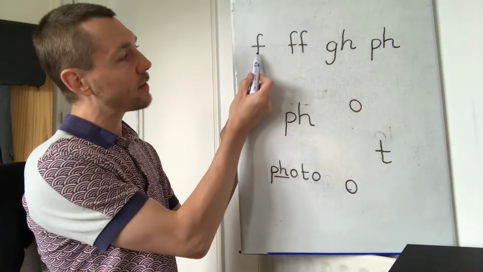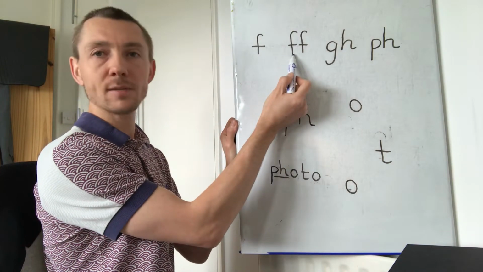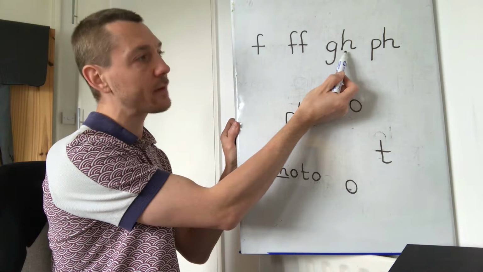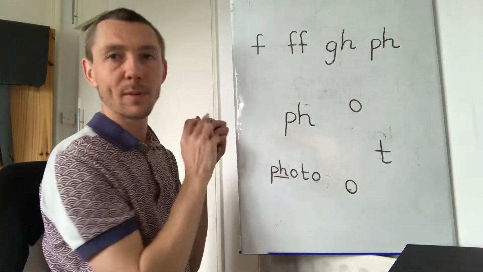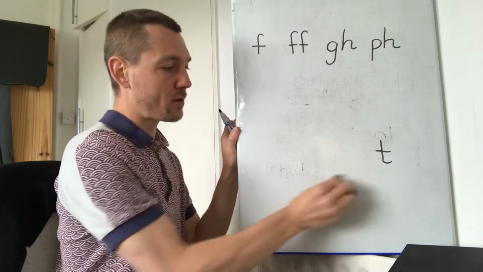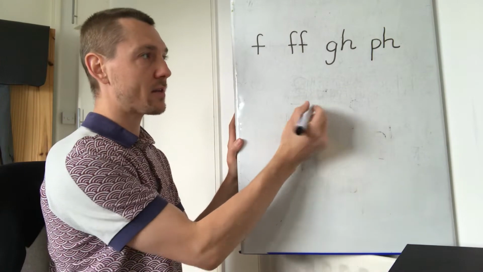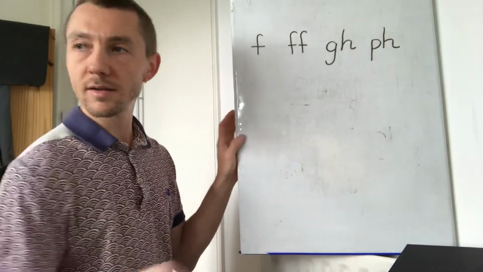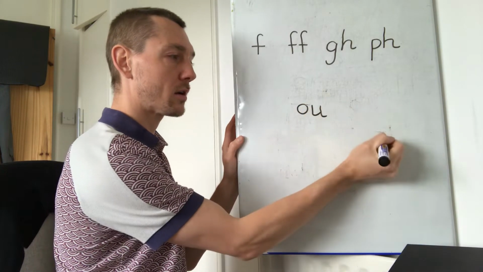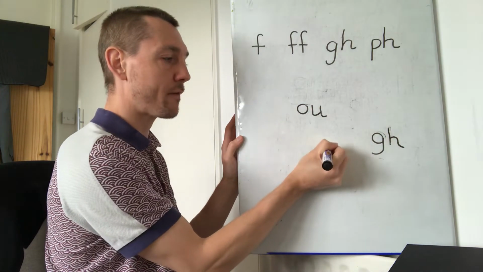So we have the F on its own spelling of f, the double F spelling of f, the GH spelling of f, and the PH spelling of f. So keep those in mind, and we'll have a few more different words before we move on. Okay, so these are the sounds that you need to build the word rough.